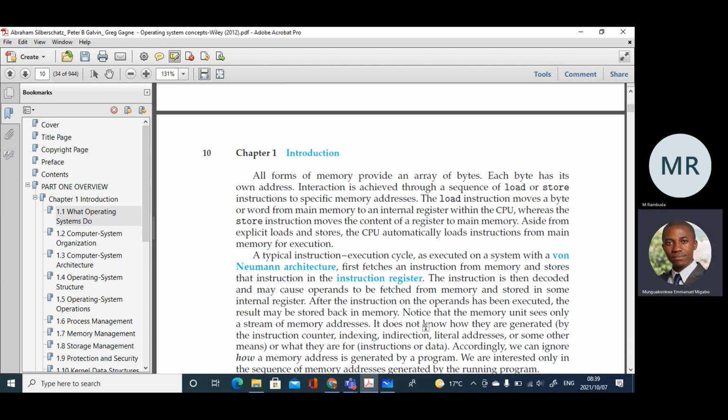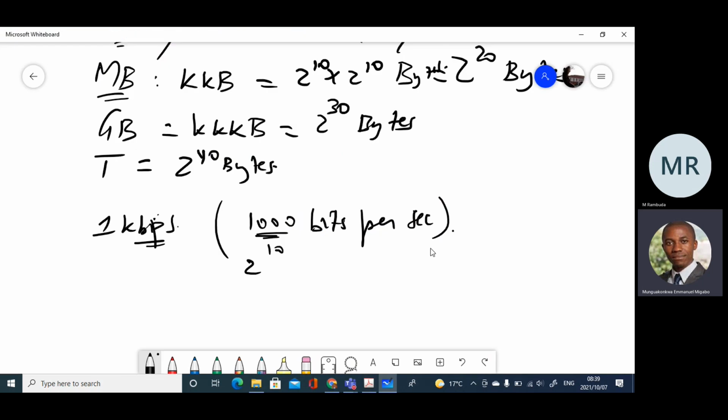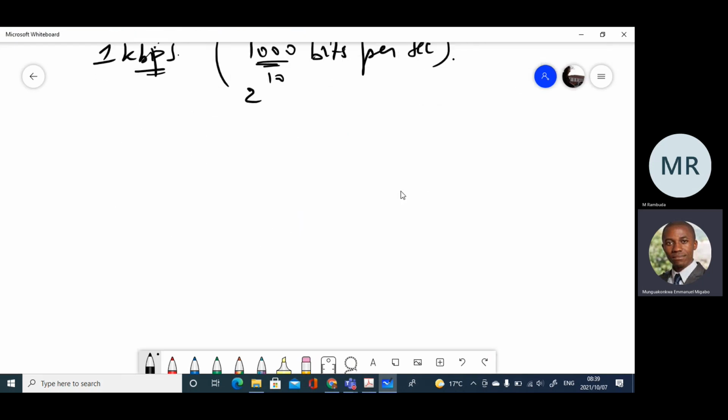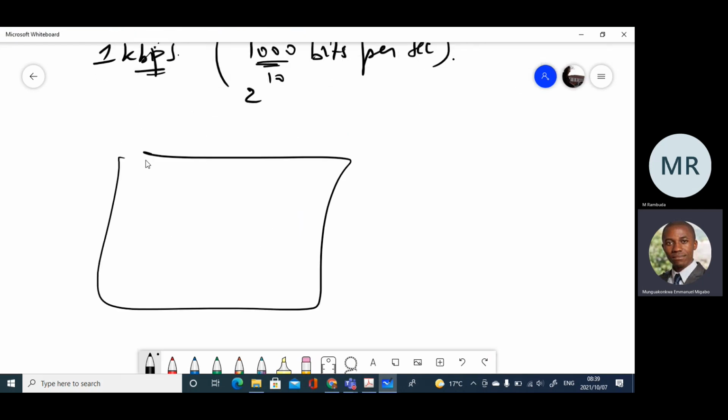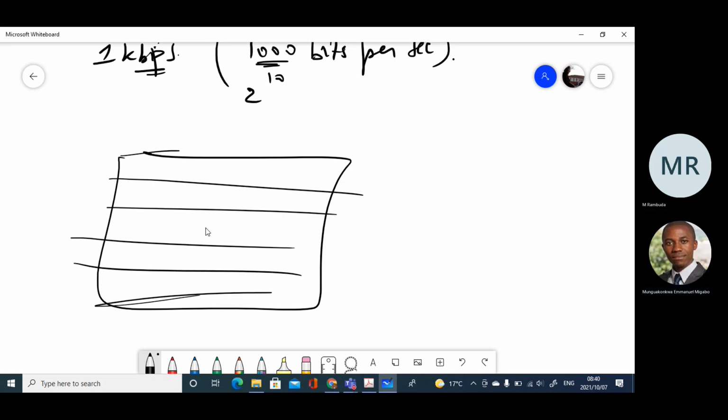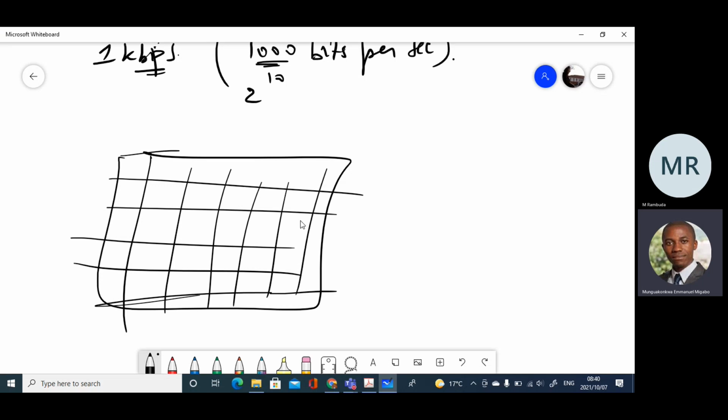So when we speak about memory in general, as I mentioned to you earlier on, you must think of an array or a table. So whenever you speak about memory, you think of an array or a table. The addresses are row numbers, and the columns is where the data is actually stored.